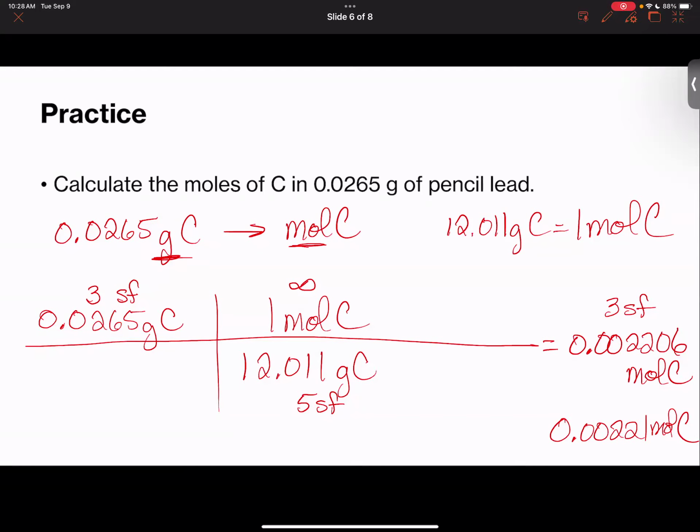If you're given atoms or molecules, you're going to have to use Avogadro's number. So that will help you in memorizing when you have to use what without knowing the flow chart, or you can memorize the flow chart. I just try to help out with multiple tools so that it becomes easier.